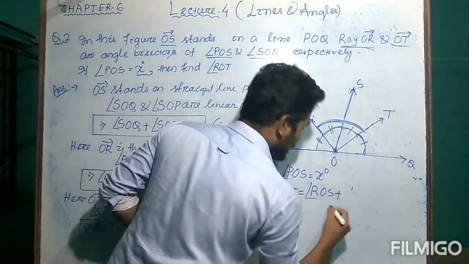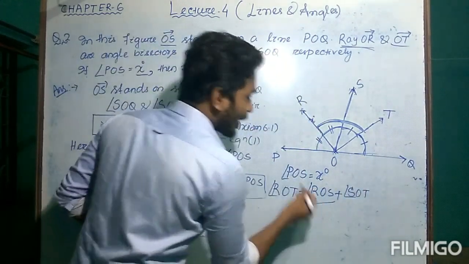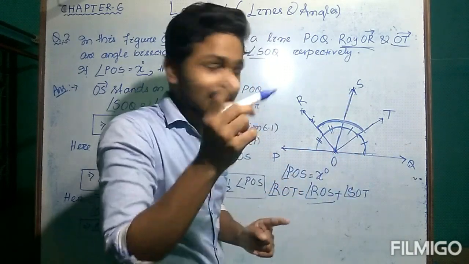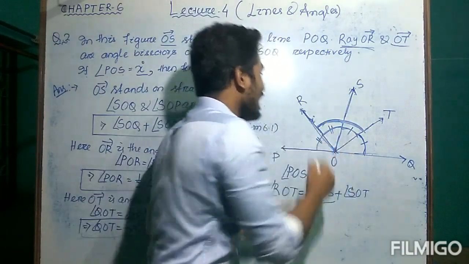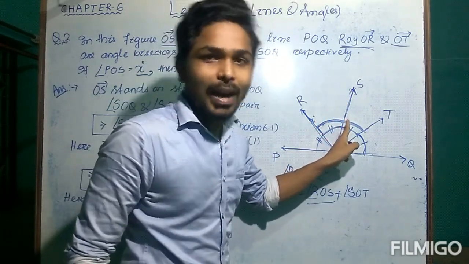So SOT. Now, what is the value of ROS? ROS is 1/2 of the total angle or not? Yes, it is 1/2 because OR is an angle bisector of the total angle SOP.